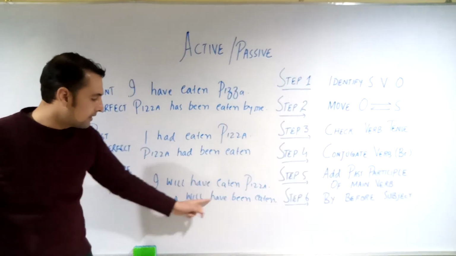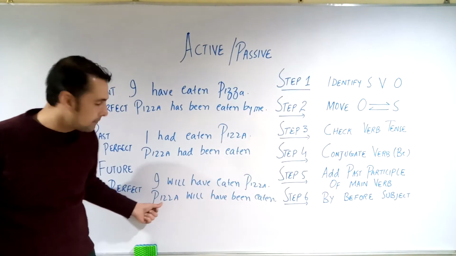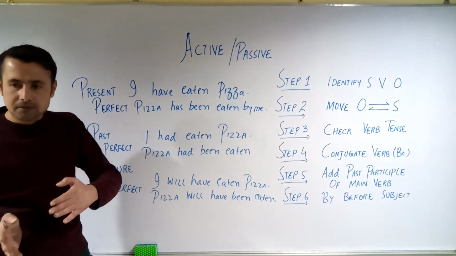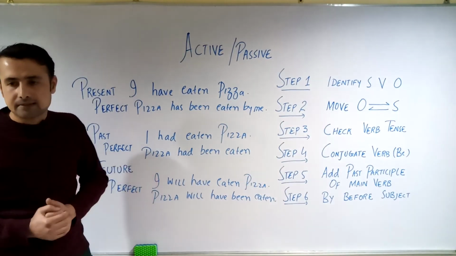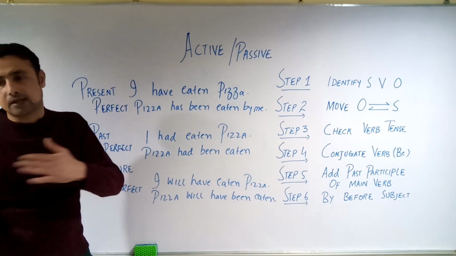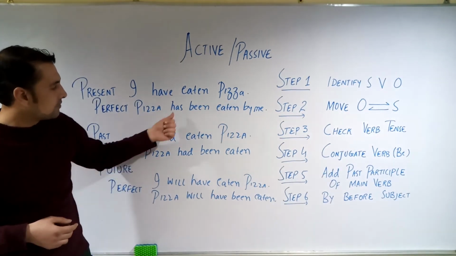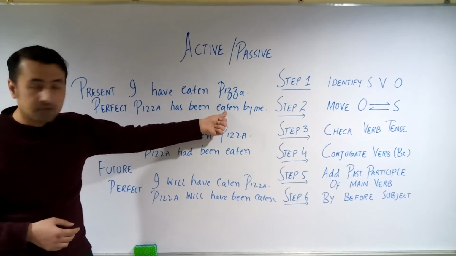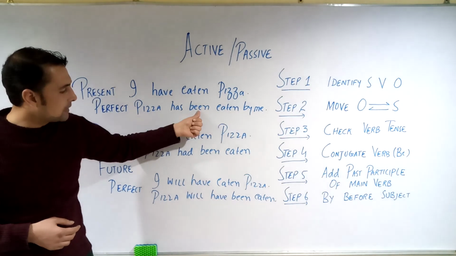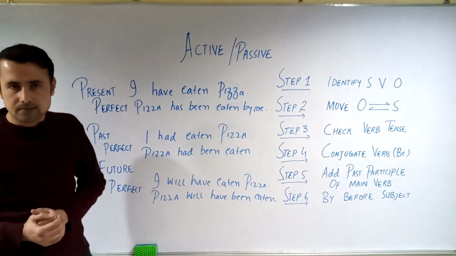Pizza will have been eaten by me. This is how you can shift present perfect into passive voice just by replacing subject with object and object with subject, and before the main verb you have to put been in between has and eaten, in all three cases.